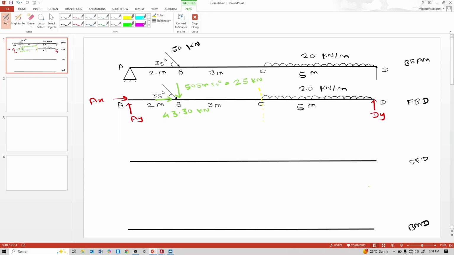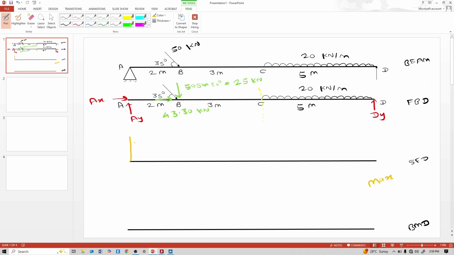here maximum shear force comes at point D. Why maximum at point D? Because load is maximum towards point D, and this AY goes upward, that means this is vertical shear.